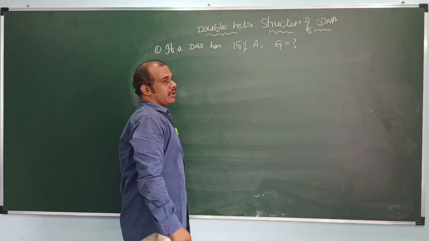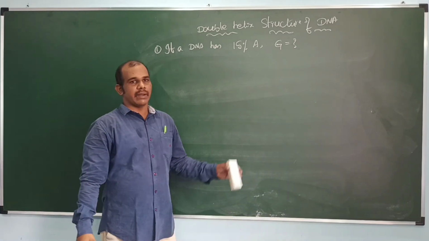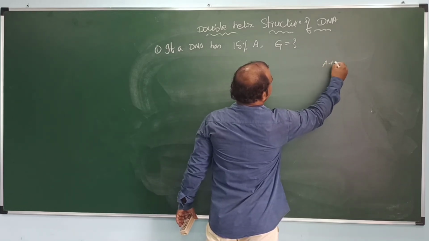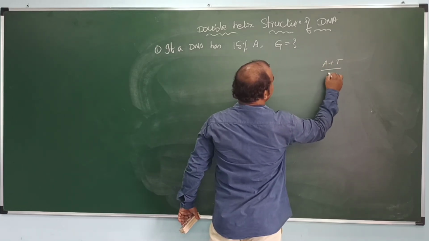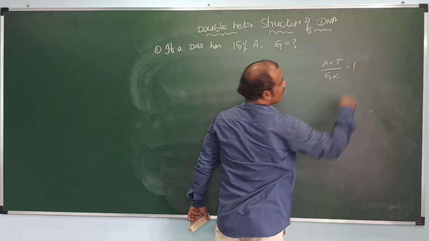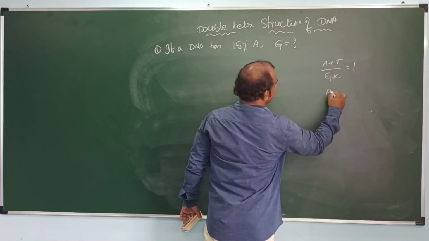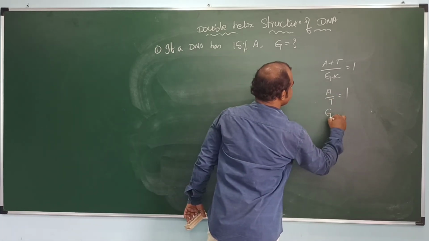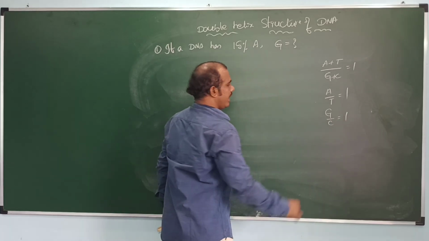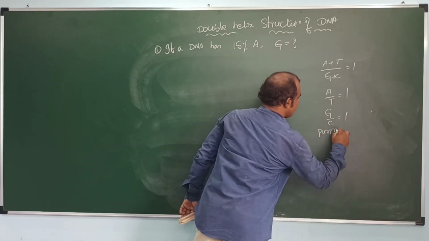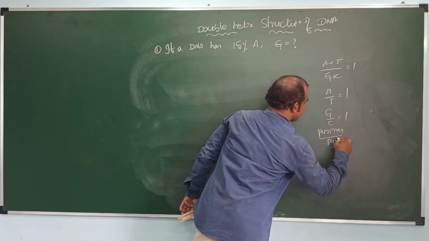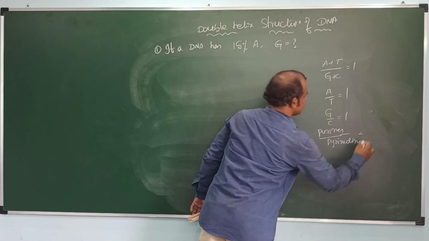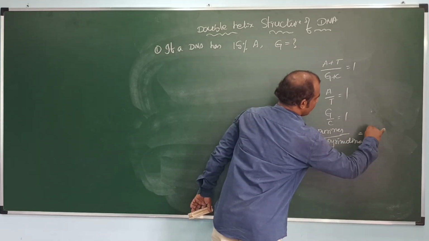Before going to solve the problems, once again we have to remind ourselves of Chargaff's rule. According to Chargaff's rule, A plus T by G plus C is not always 1, but A by T is always 1, and G by C is also always 1, and the ratio of purines and pyrimidines is also 1.